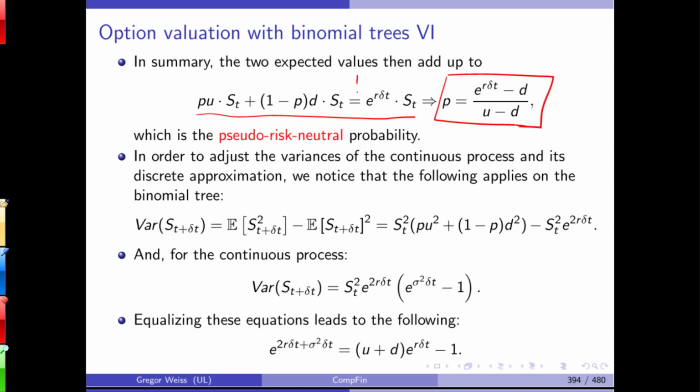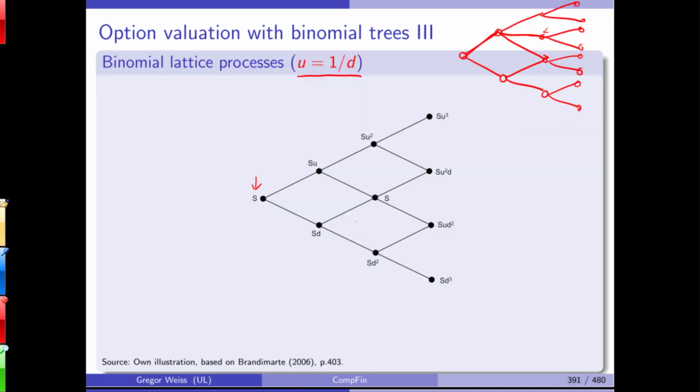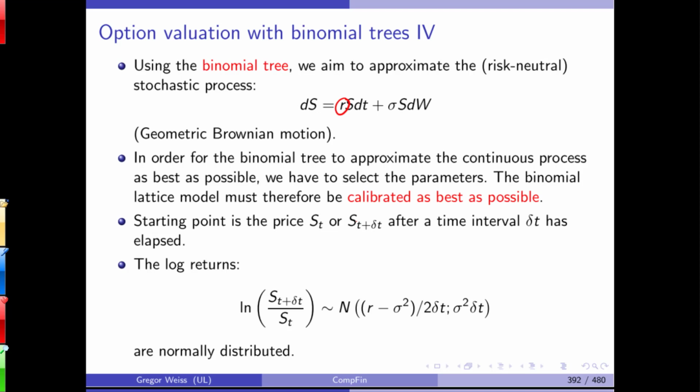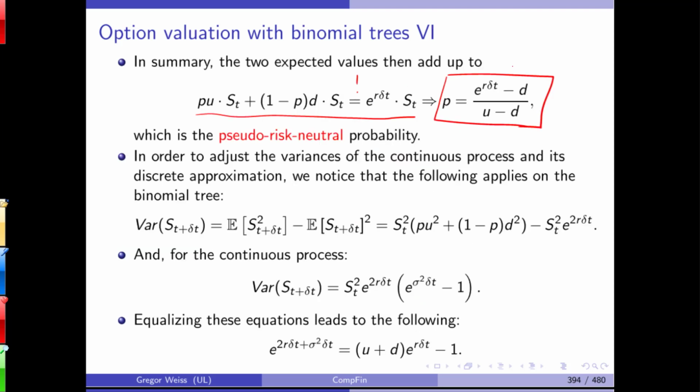Actually, you can also do it in a slightly different way. You can set u to be equal to 1 over d, this very special type of binomial lattice, and then by requiring the expectation of the discrete approximation and the continuous process to be equal, you also get this definition, or this equation here, for the pseudo risk-neutral probability.